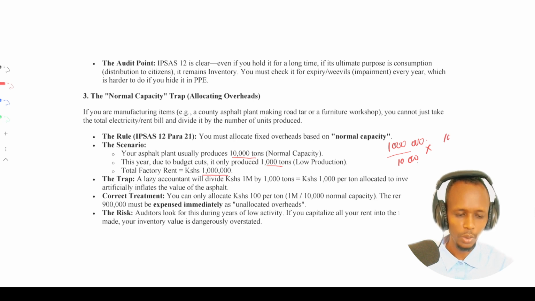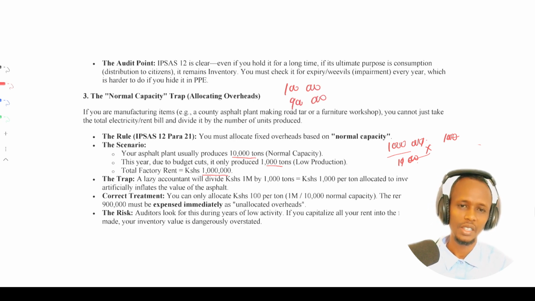But if you have only produced 1,000, you will minus 1,000, and this is equal to how much? 100,000. The 900,000 you will take to an immediate expense.